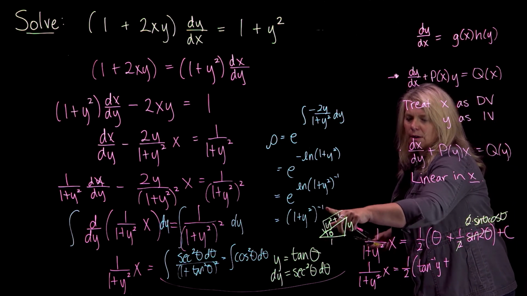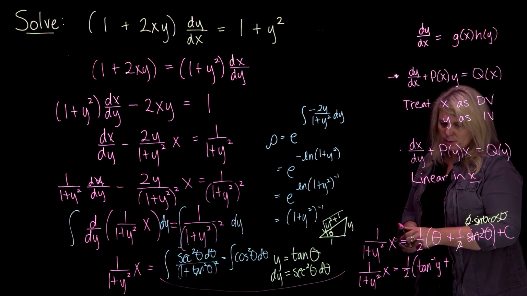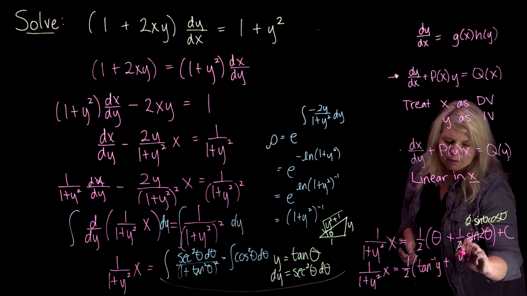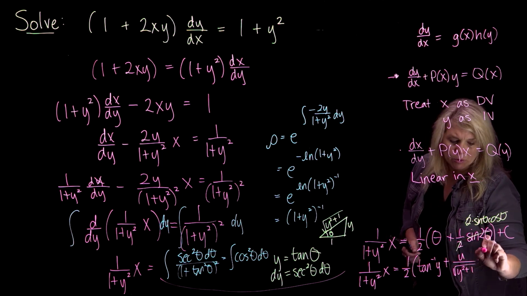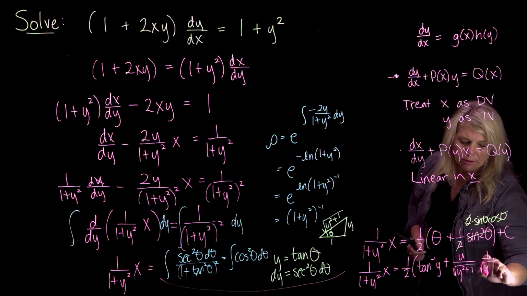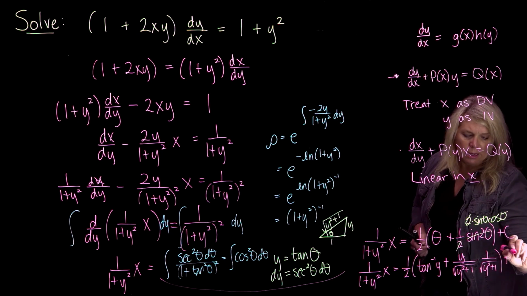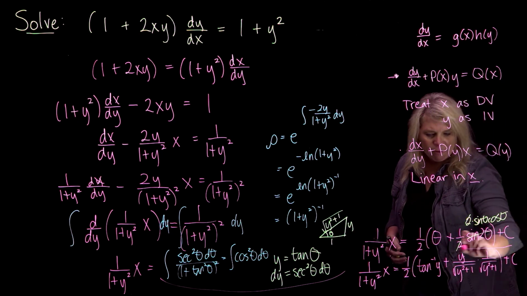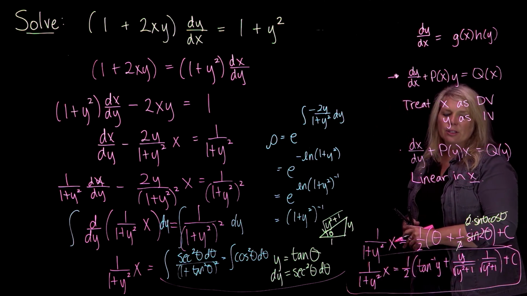Sine is opposite over hypotenuse, and cosine is adjacent over hypotenuse. So I'll have y over the square root of y squared plus 1 times 1 over the square root of y squared plus 1. I can simplify that, plus c. All right, so there we have a big old messy solution, but a solution nonetheless to this differential equation.